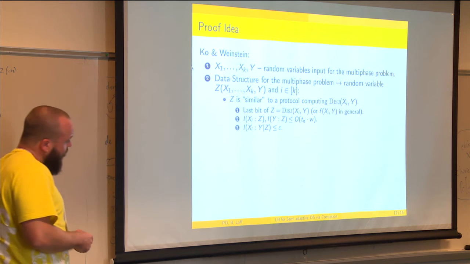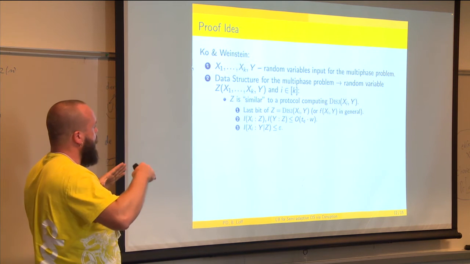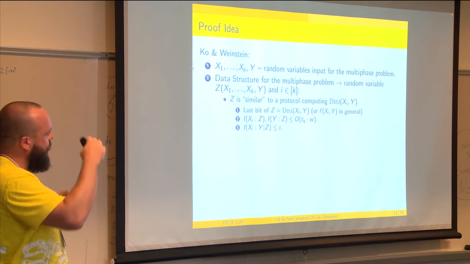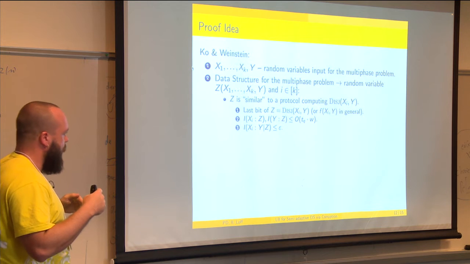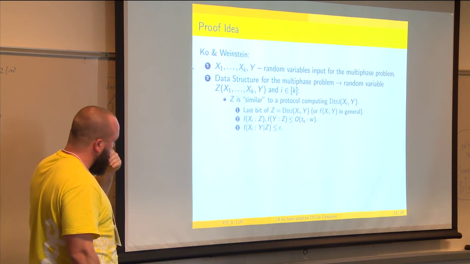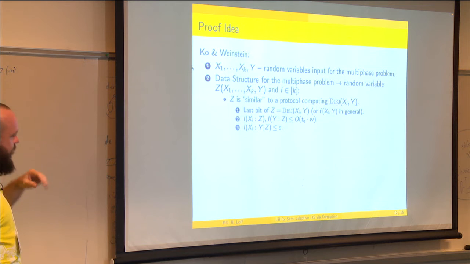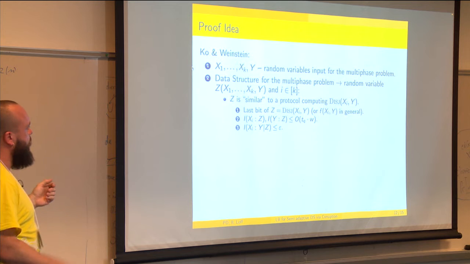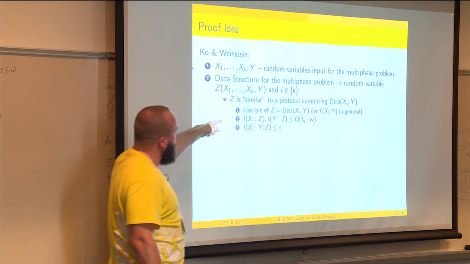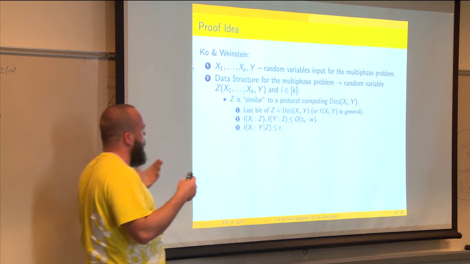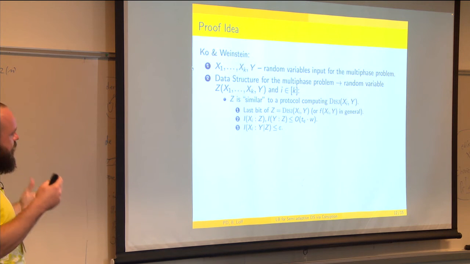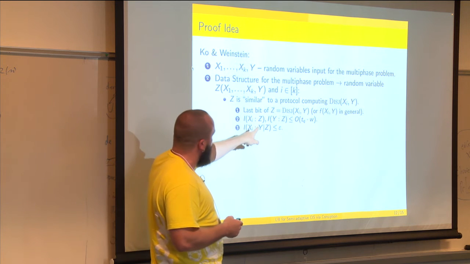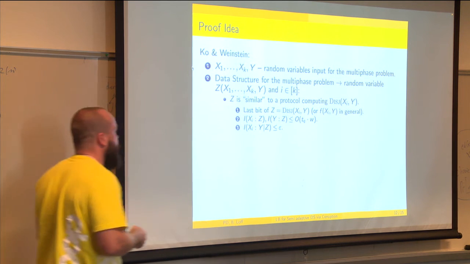Any protocol induces a partition of the matrix into rectangles, and if we have protocols of length c, then we have at most 2 to the c rectangles. From an information theoretic view, the information which z has about the inputs is not very large.